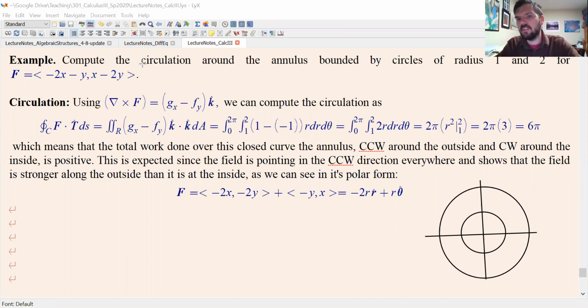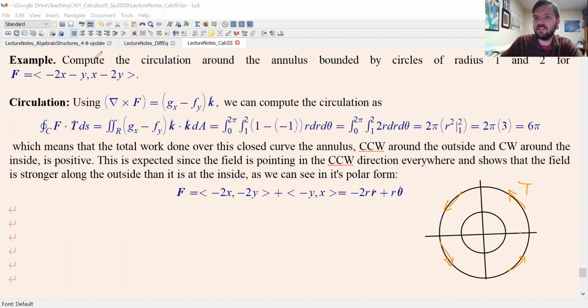Okay, so let's look at our curve. We want to travel around it and measure circulation. So there's our t, giving us orientation.